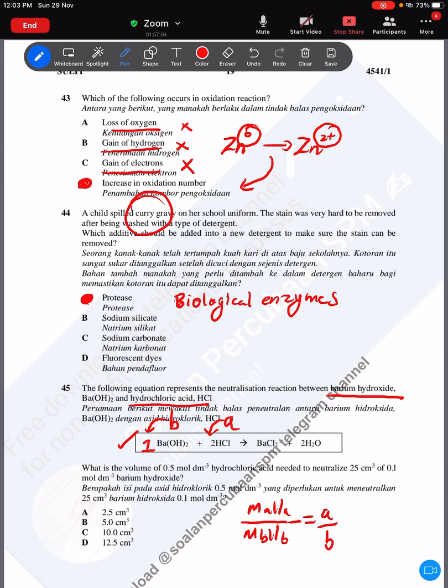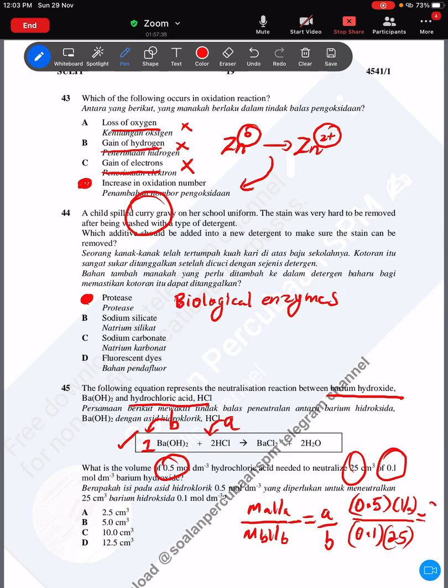So what is the concentration of acid? 0.5. And the VA is what you are looking for. MB is 0.1. And also, the volume is 25. Guys, I'm getting information from here.